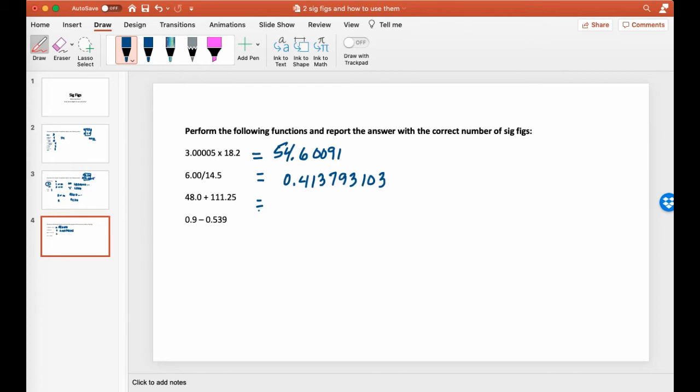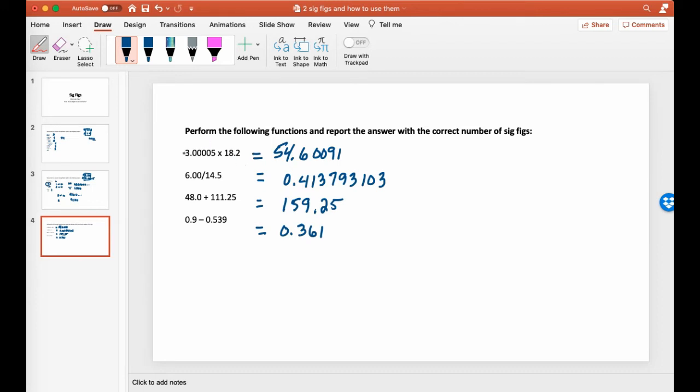So we got 48 plus 111.25. And that gives us 159.25, right? Yes. And then we have 0.9 minus 0.539. That gives us a value of 0.361.